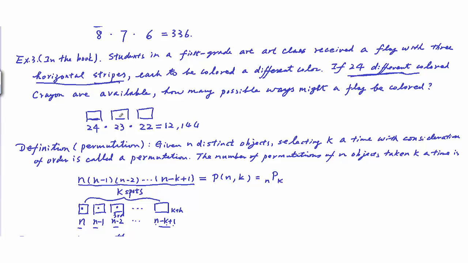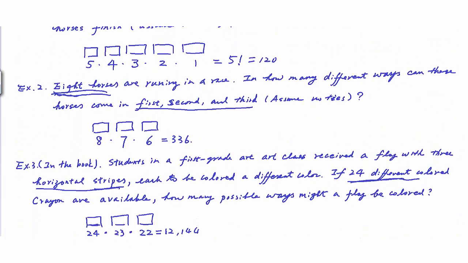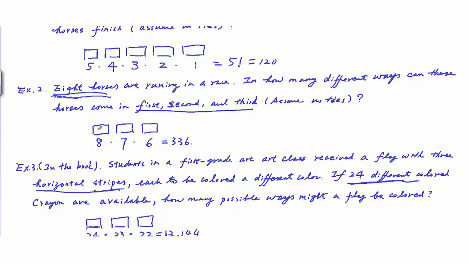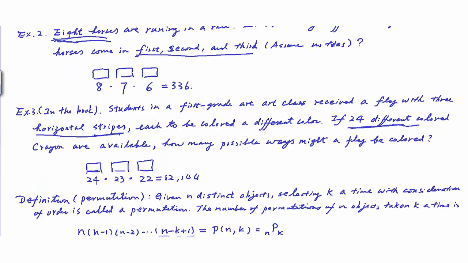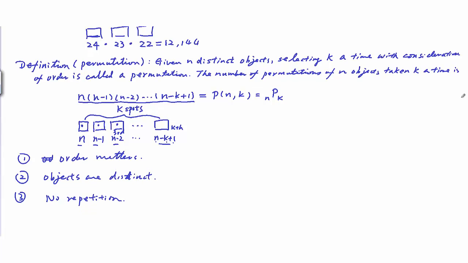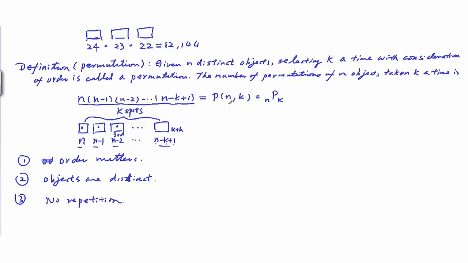And for horses, when one horse takes first place, you only have 7 horses available. So there's no repetition. And in this case, that is called a permutation. So this is the permutation formula.